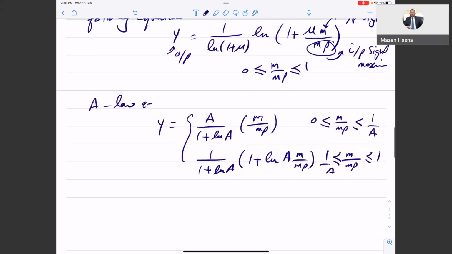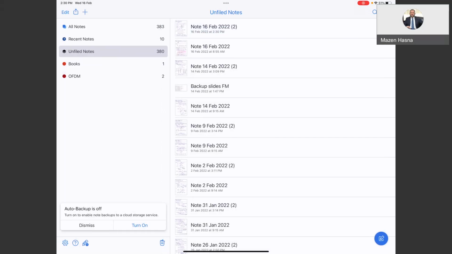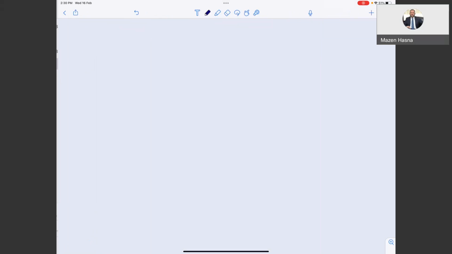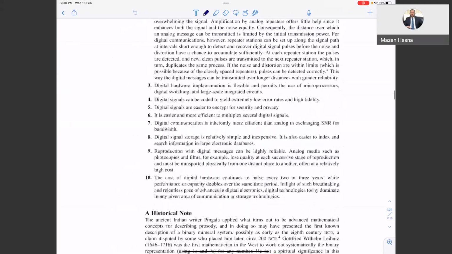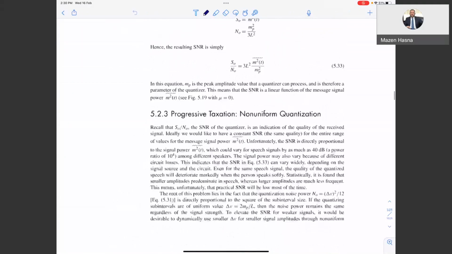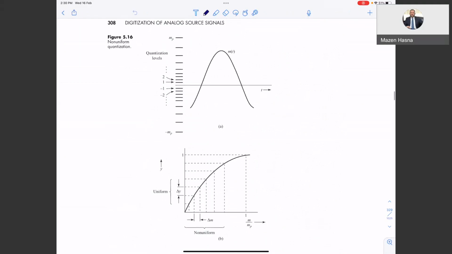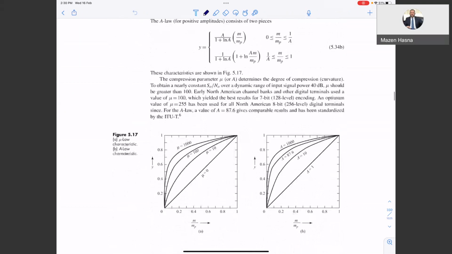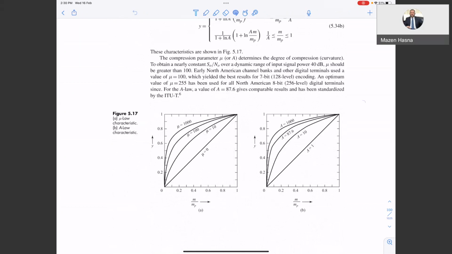So what does this input-output relationship look like? It looks like this.